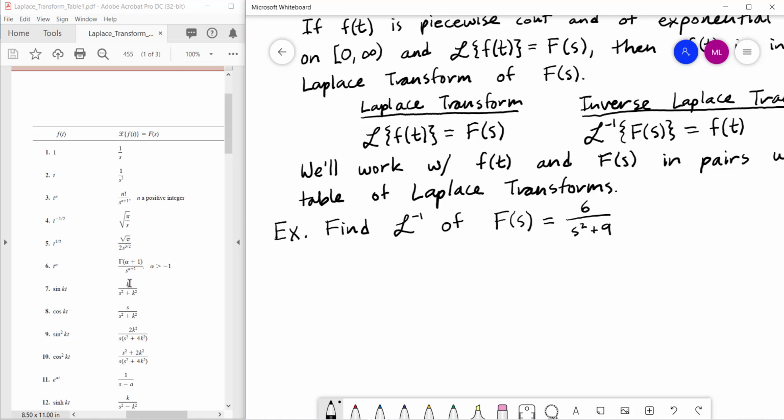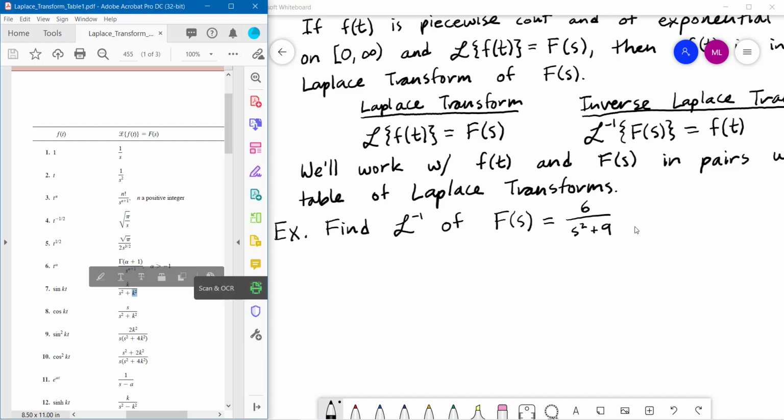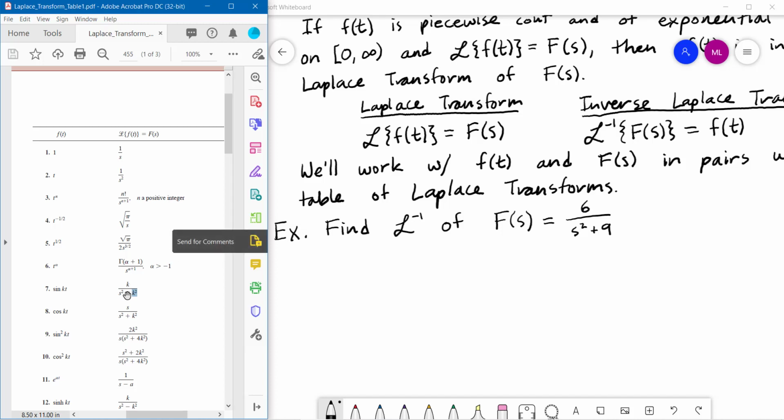It has a constant on top, it has s squared plus some constant, in this case a constant squared, on the bottom. It doesn't quite match up because I have a 9 right here. That 9 needs to match up to this k squared term, which would mean that k would have to be 3. But I don't have a 3 on top, I have a 6. So it's similar to this one, but not exactly.